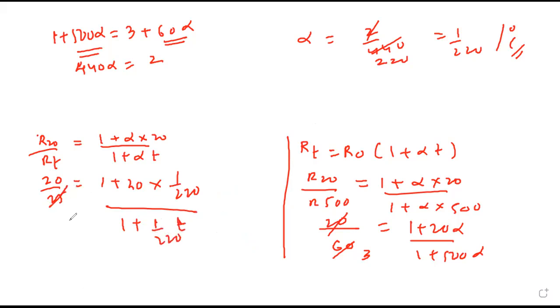This is 5 into 4, 5 into 5. So 4 plus 4 into 1 upon 220 T is 5 plus 5 into 20, 100 into 1 upon 220.